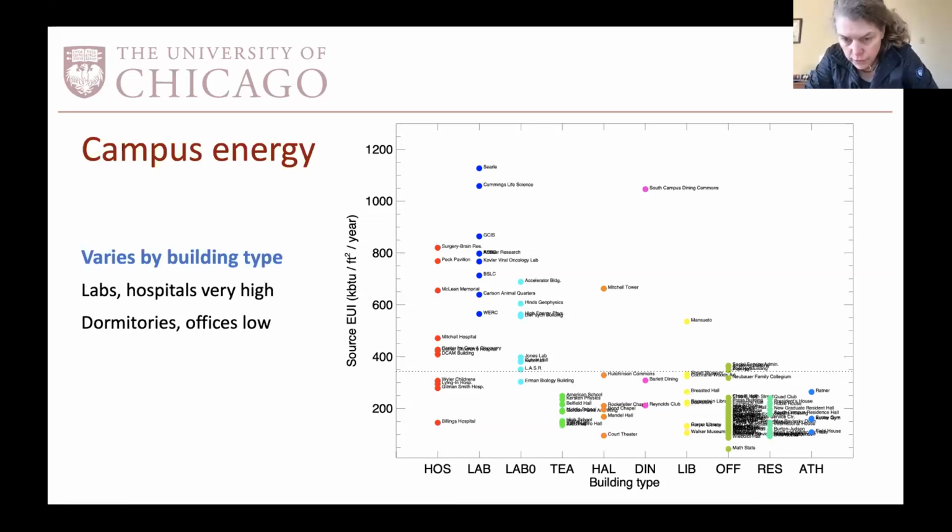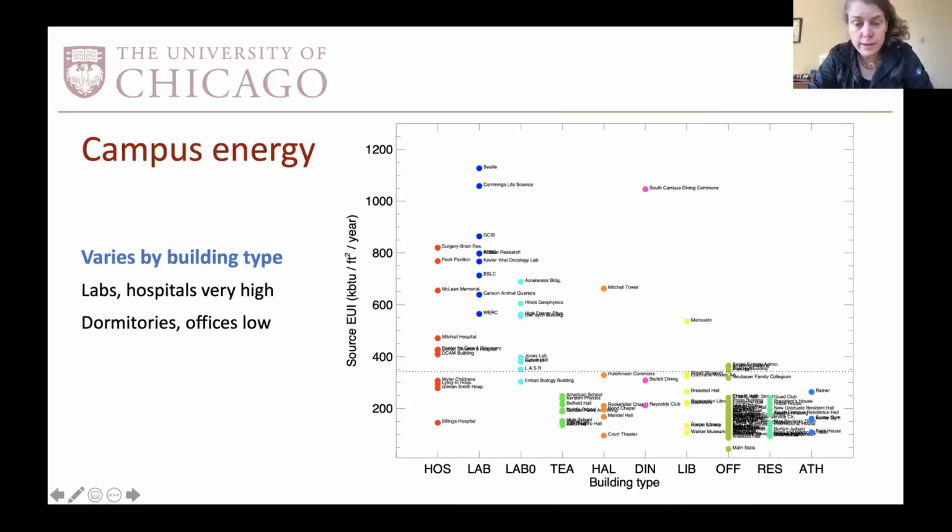The green buildings are teaching buildings. The orange is sort of anything that looked like something I couldn't identify, a hall, a theater. The pink is dining, the yellow is libraries, then we have offices, you have your dorms down here in very light green, and athletic facilities are in blue.